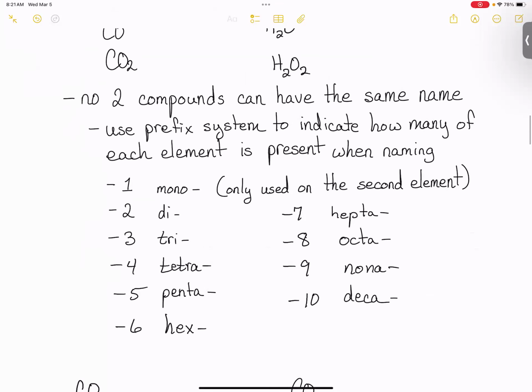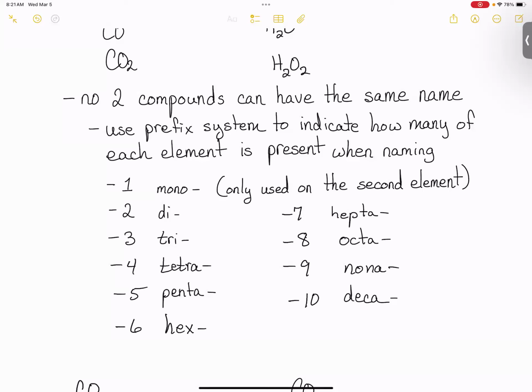So the prefixes. Mono is used when there is only one. Now, we never use mono with the first element in a compound. We only use mono with the second element in the compound.